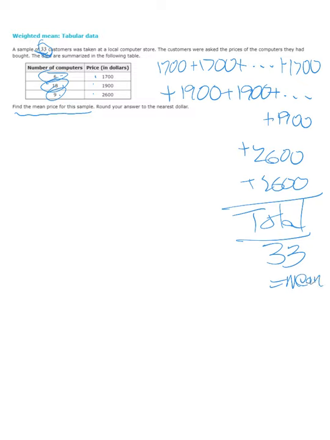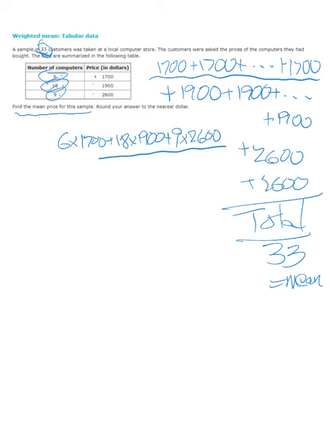All right, so a quick way to do that, though, instead of adding up 6 1700s, I'm just going to say 6 times 1700 plus 18 times 1900 plus 9 times 2600. Get that total, divide that by 33.